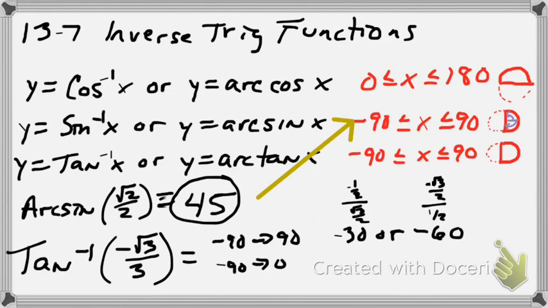Sam? Negative 30 is or is not? Because... Okay, he's making sense to me. Did you have something? Okay. I'm looking at the 60, and I see that if I just cross off the 2's, my answer is negative root 3. So I know negative 60 is not it.